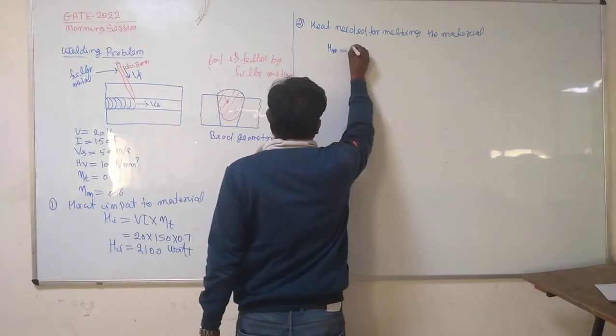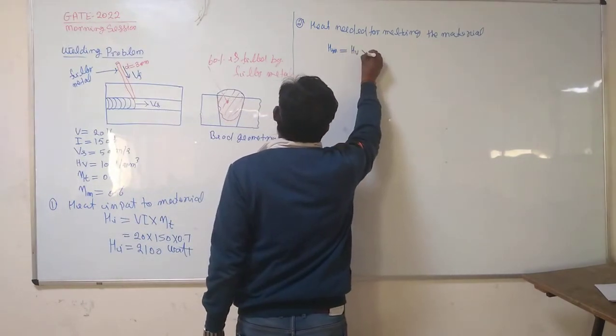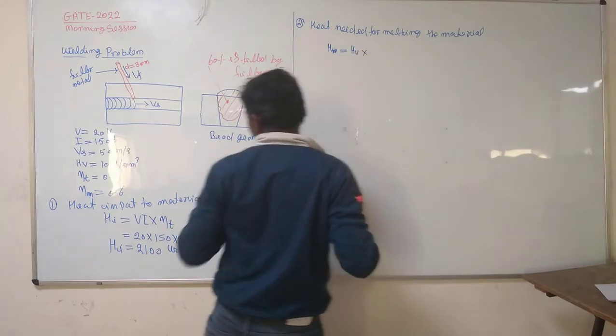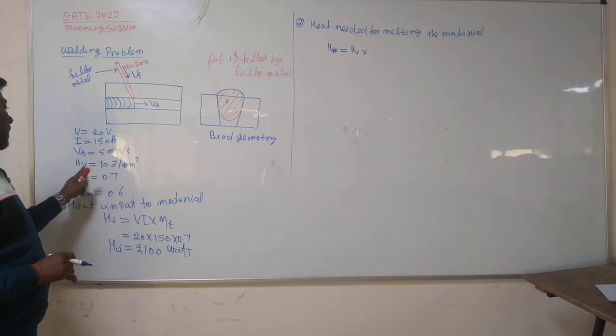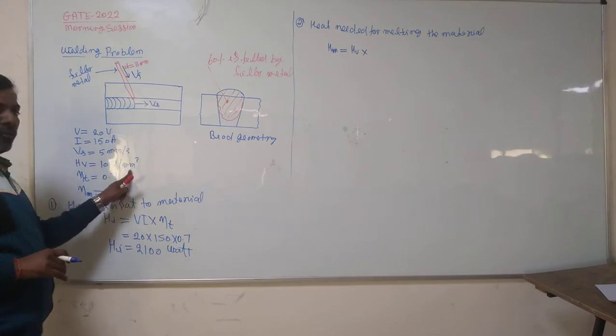So HM is equal to HV into the welding speed into the cross-sectional area of the bead geometry. What is this HV? This one, 10 joule per mm cube, meaning the energy needed to melt per unit volume of the material.